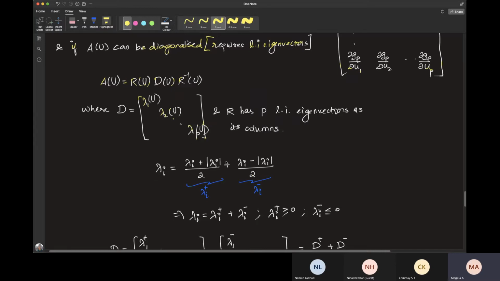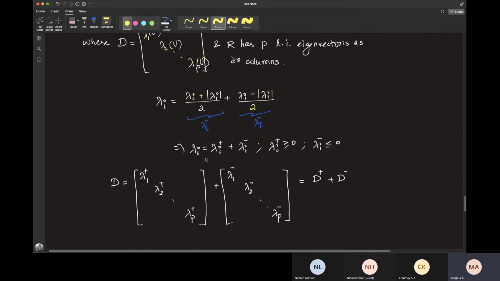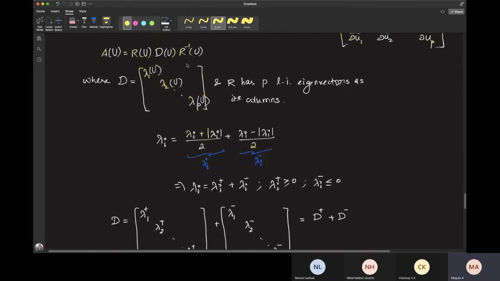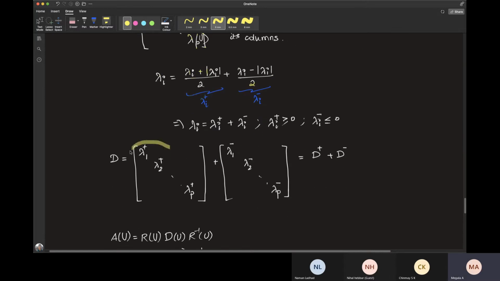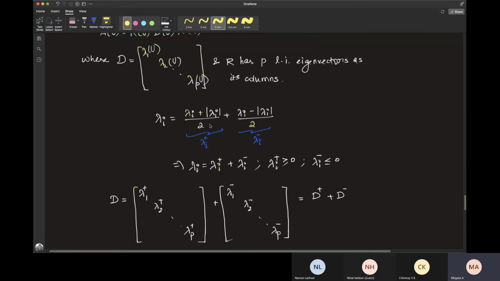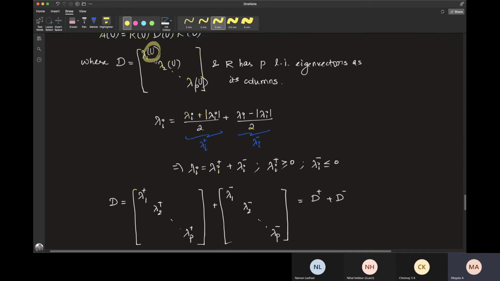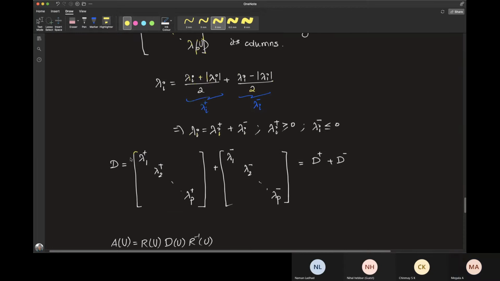So at each grid point you do this Courant splitting and split the eigenvalues into positive and negative quantities. Based on this, you split the diagonal matrix D. Since lambda i is lambda i plus plus lambda i minus, you can substitute this for each of these diagonal elements, and then you can split this diagonal matrix into two.